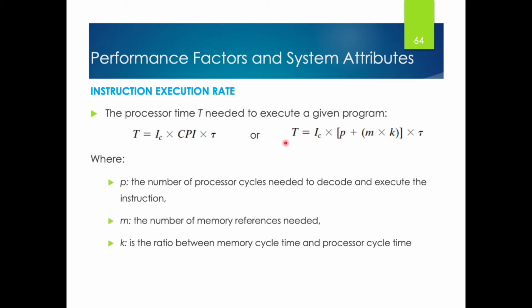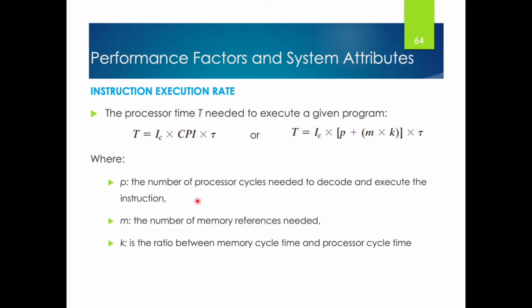Or if you write it in more detail, this formula can be written like this, in which the CPI is expressed in terms of P, M, and K, where P is the number of processor cycles needed to decode and execute the instruction.